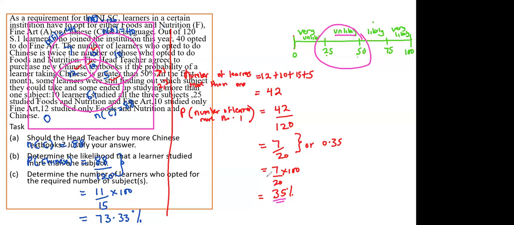You can say that since the percentage is 35%, which lies between 25 and 50%, then it is unlikely that a learner will study more than one subject.